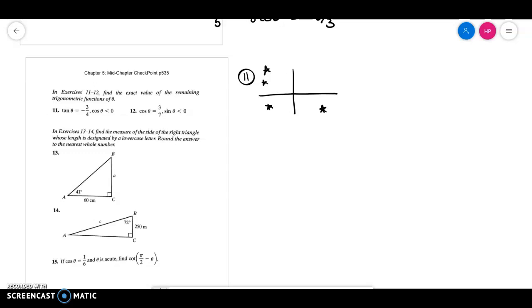And so for number 11, I am looking at, again, this 3, 4. And so it would be a triangle up here in quadrant 2. If I go left 3 and up 4, then I have again that 3, 4, 5 triangle.